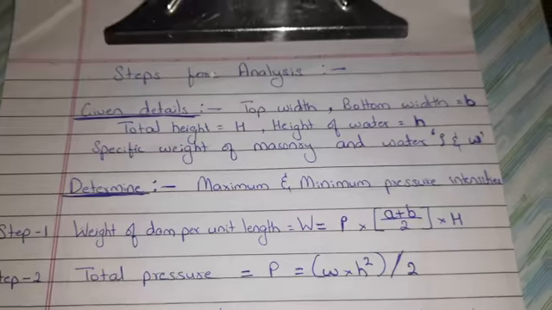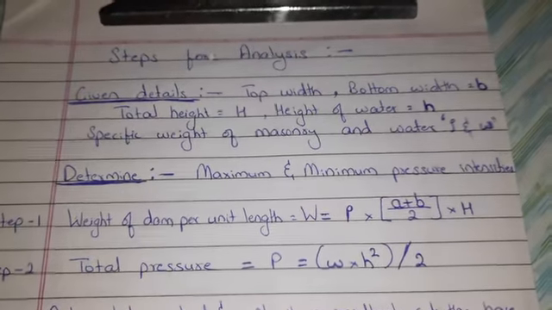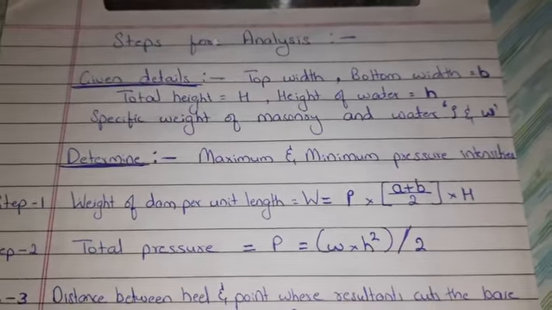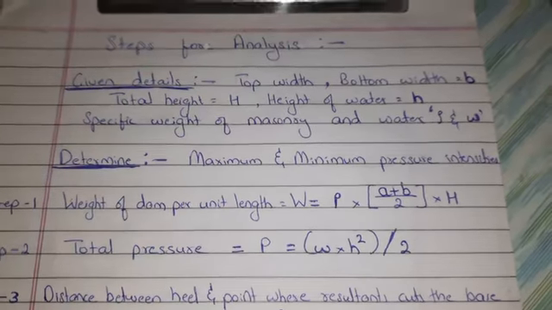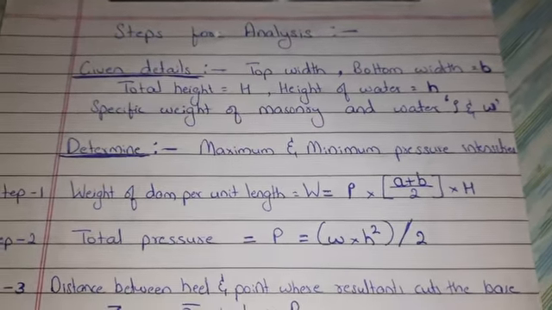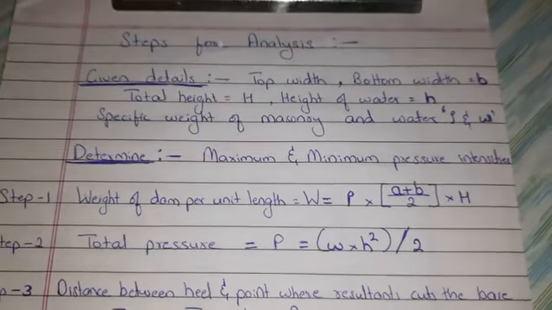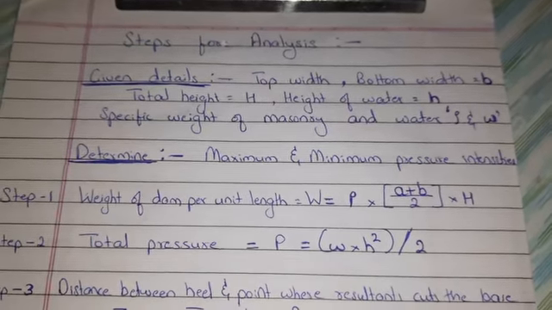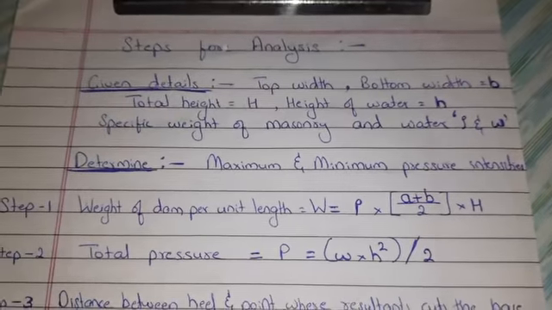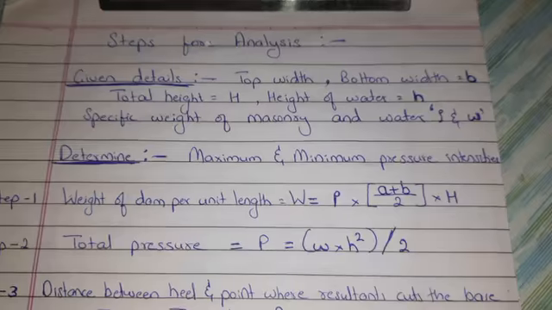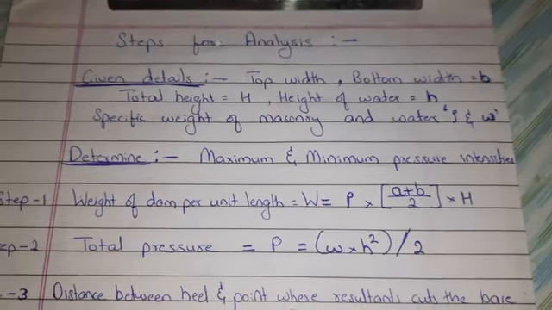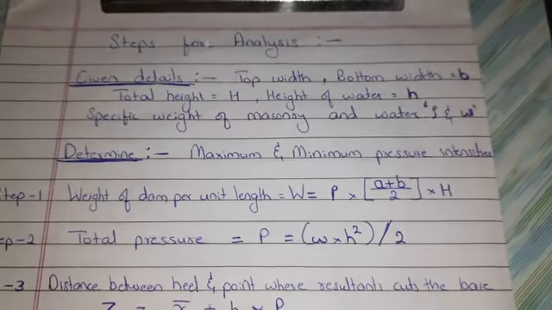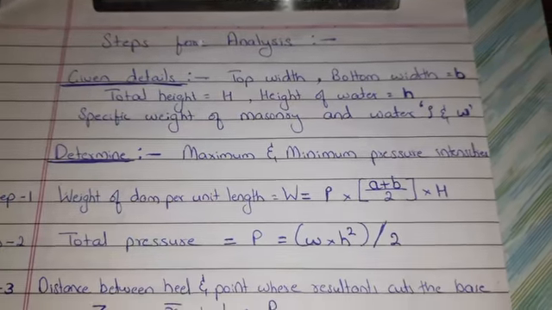In analysis problems the top width, bottom width, total height, and height of water, everything will be given, and we have to determine the maximum and minimum pressure intensities at the base of the dam. So this is the first part of the problematic part, and we will be dealing with the analysis of masonry dam. This problem carries 15 marks.